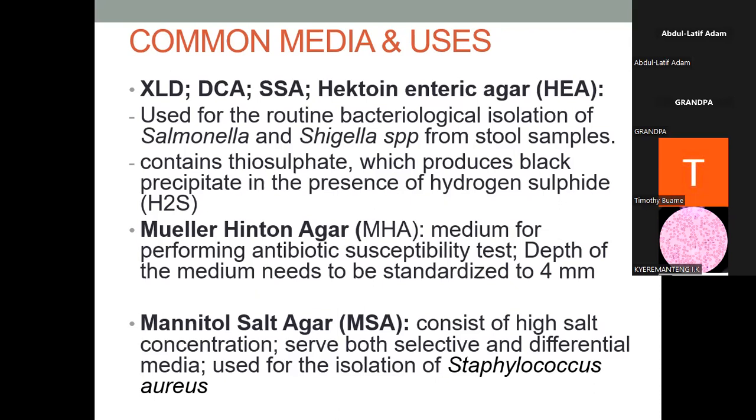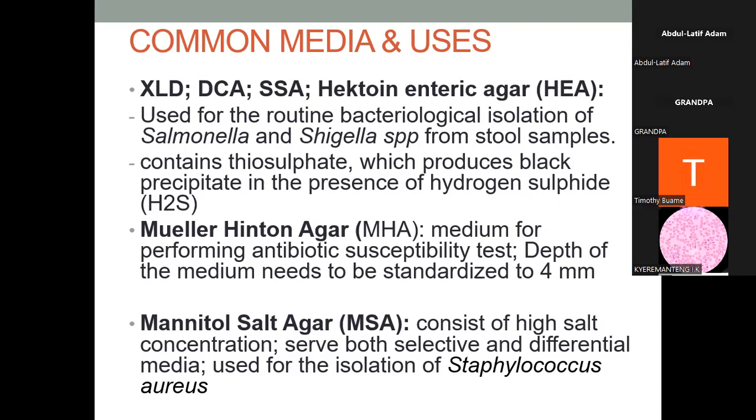Once they produce H2S, the H2S will combine with sulfate and give you a black coloration on the media. So as soon as you see blackening of the media, then you know that it's likely to be Salmonella. Shigella doesn't produce H2S, the Salmonella does.